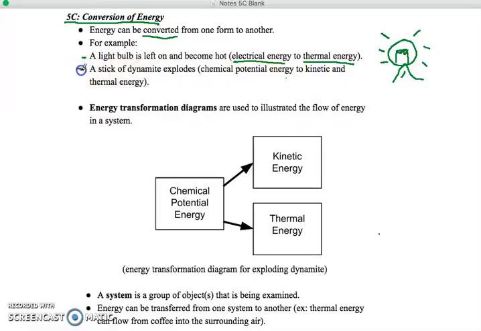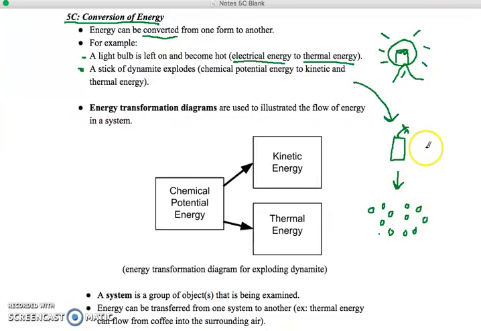Another good example is a stick of dynamite exploding. I'll draw it down here. If you have a stick of dynamite, it explodes, and as it breaks into all those pieces, you're getting a conversion of energy.